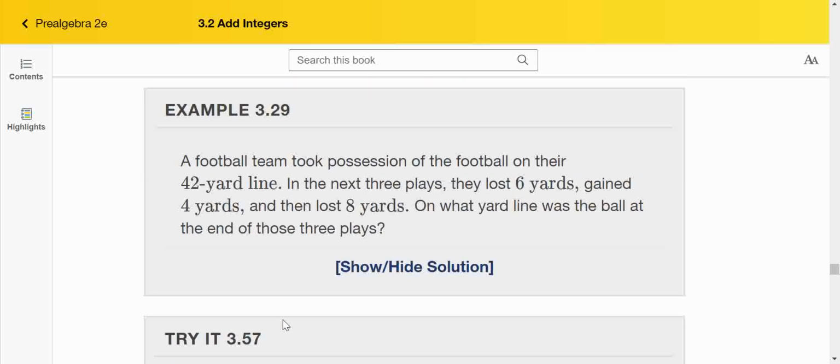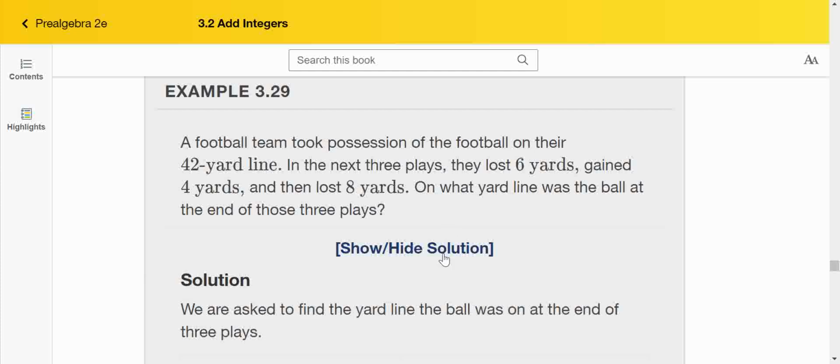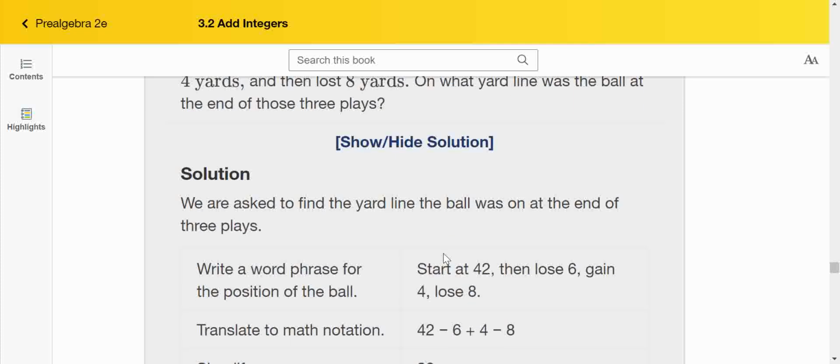Example 3.29. A football team took possession of the football on their 42-yard line. In the next 3 plays, they lost 6 yards, gained 4 yards, and then lost 8 yards. On what yard line was the ball at the end of those 3 plays? We are asked to find the yard line the ball was on at the end of 3 plays.